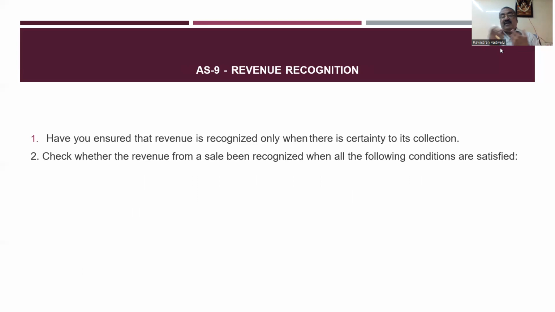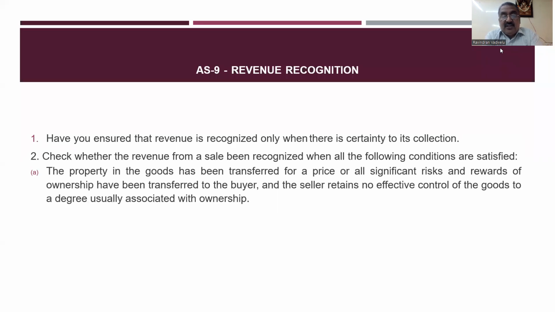Because when it's not possible for you to collect the amount, or you are not assured of collection, you are not supposed to take it into revenue recognition. So point number one is, have you ensured that revenue is recognized only when there is a certainty of its collection? Second, check whether the revenue from sale has been recognized properly only when the following conditions are satisfied.